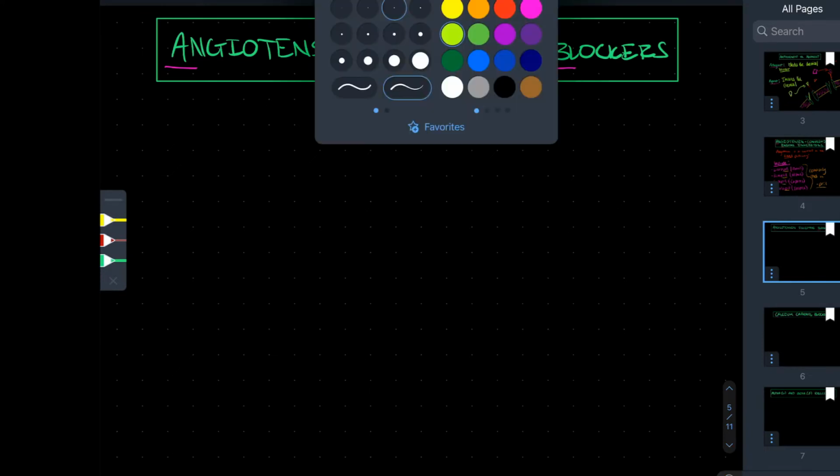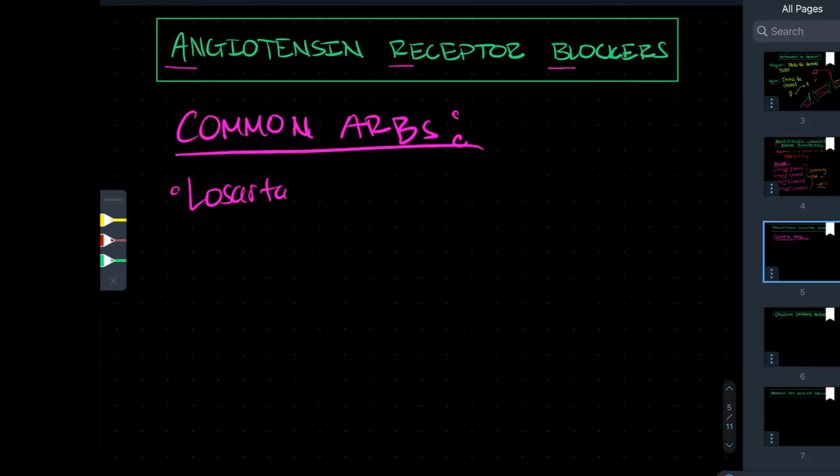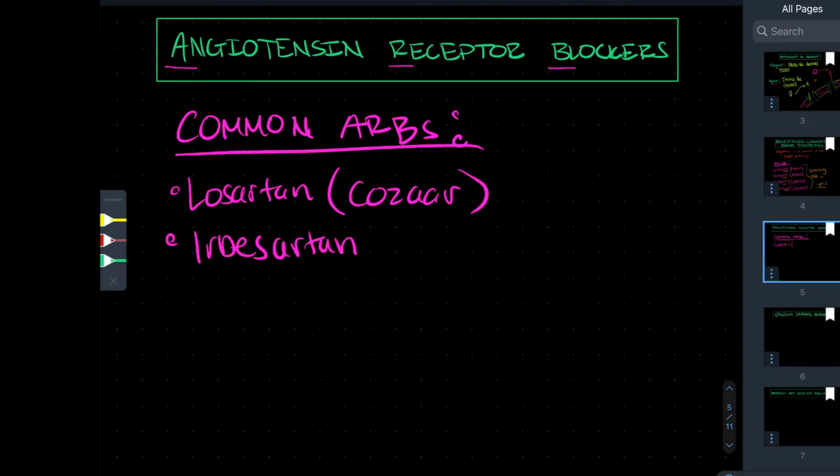And so some common ARBs are going to be things like losartan, also called Cozaar, irbesartan, called Avapro, and these are brand names, by the way.